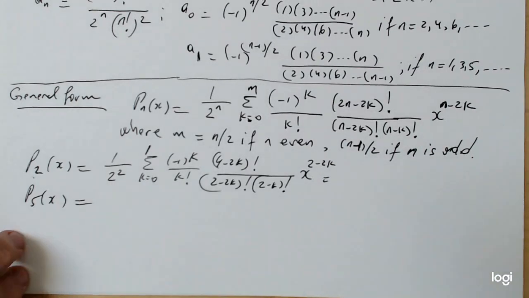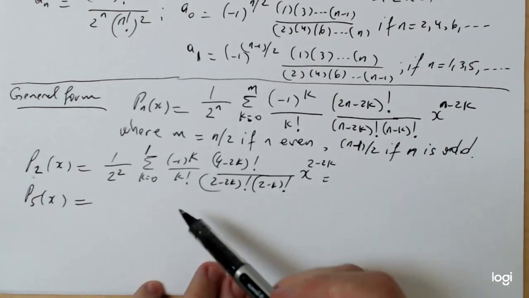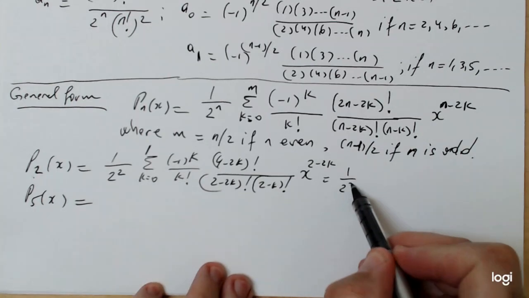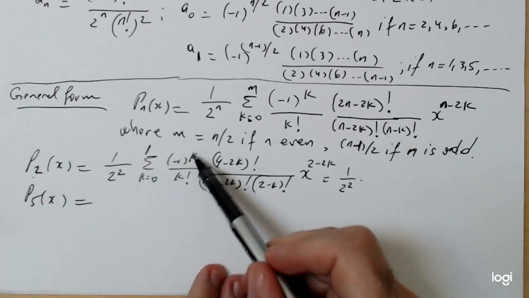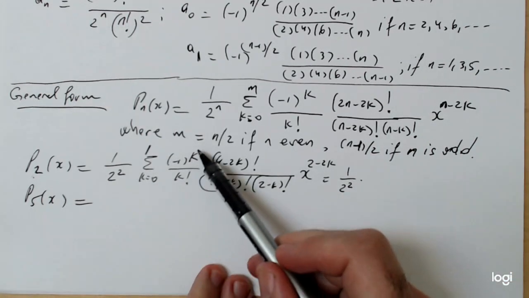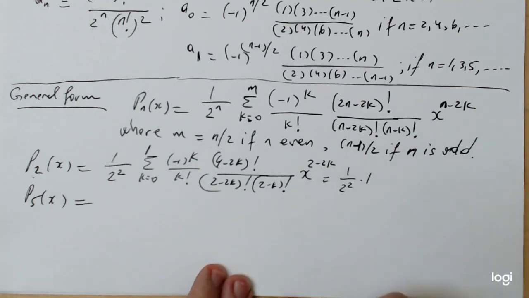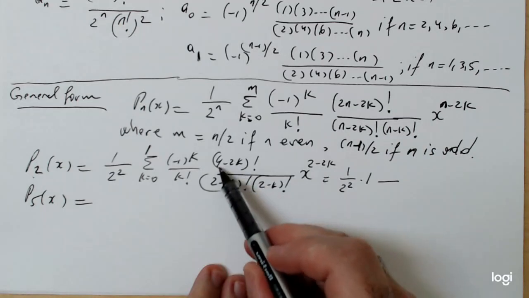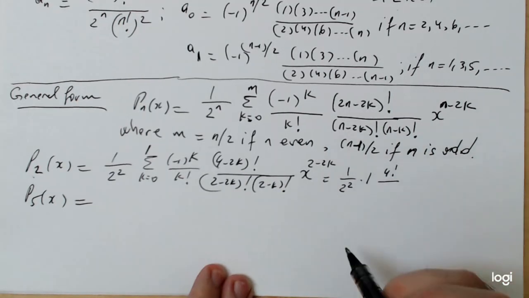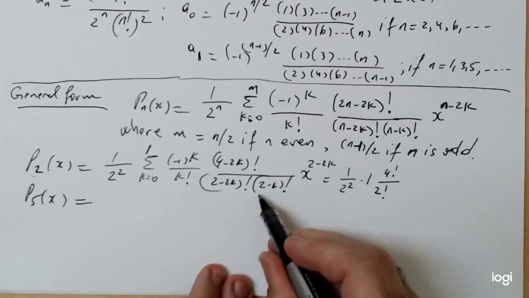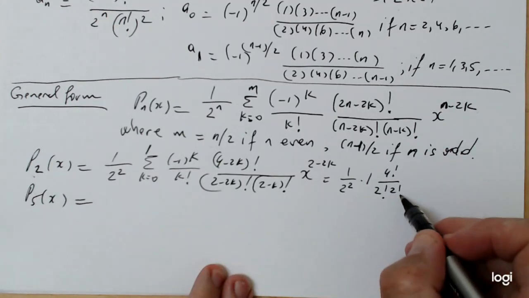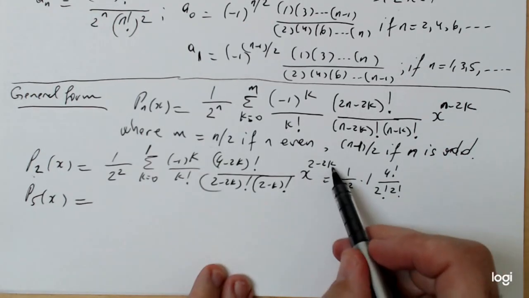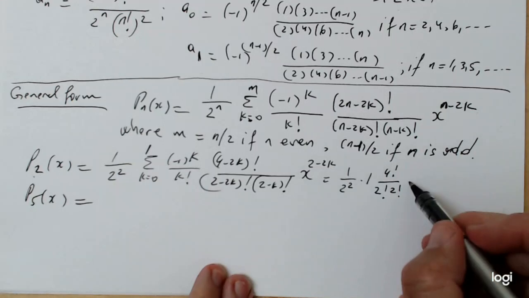This looks kind of ugly, but there are only 2 terms if you look carefully. First, when you plug in 0 for k, that's minus 1 to the 0 over 0 factorial, that's 1. Then 4 minus 0, that's 4 factorial on the top, 2 factorial on the bottom, another 2 factorial, and then when k is equal to 0, x squared.